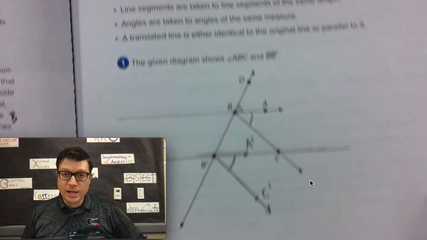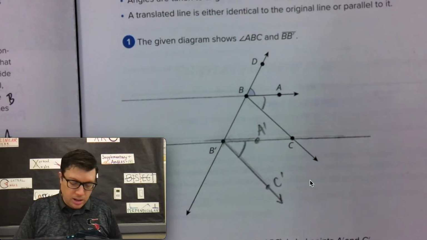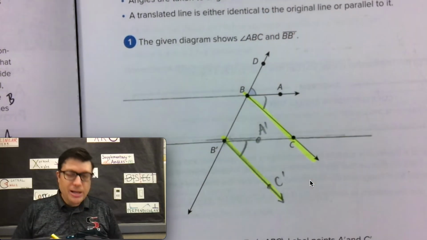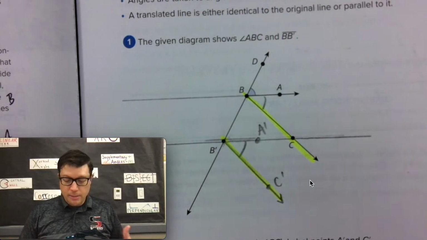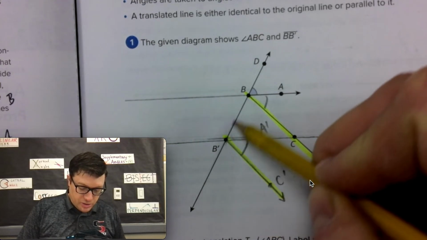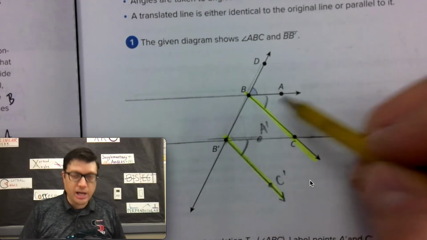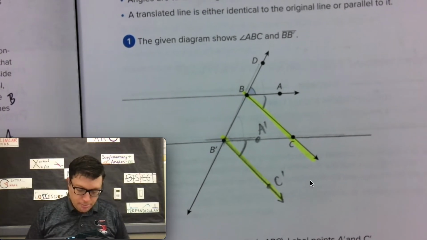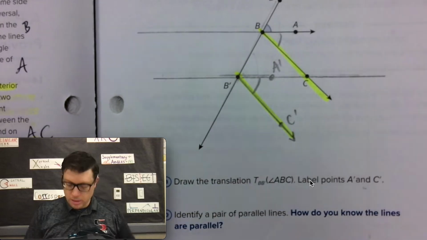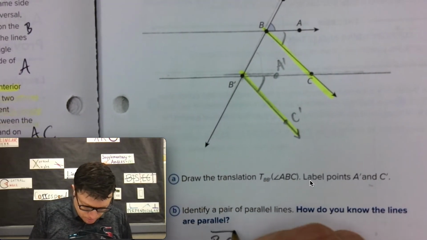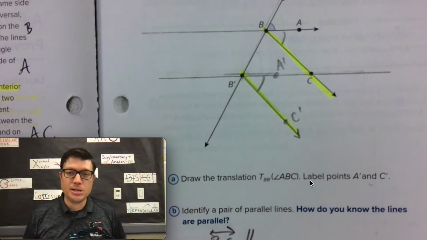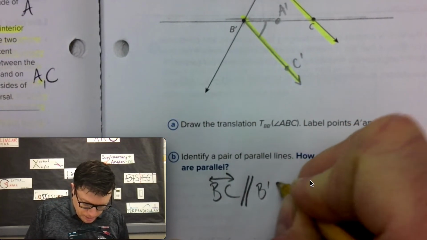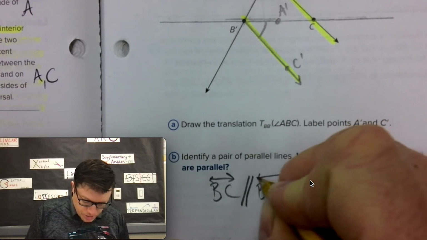So for example, one of the pairs of parallel lines are these two. Because they are lines cut by a transversal, this is the transversal that's cutting them, so therefore they're creating congruent angles. BC and B prime C prime is a pair of parallel lines. Parallel is the symbol with two lines side by side. B prime C prime. Those are parallel. How do I know?